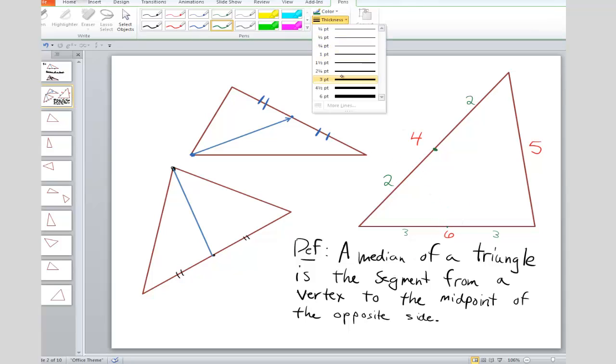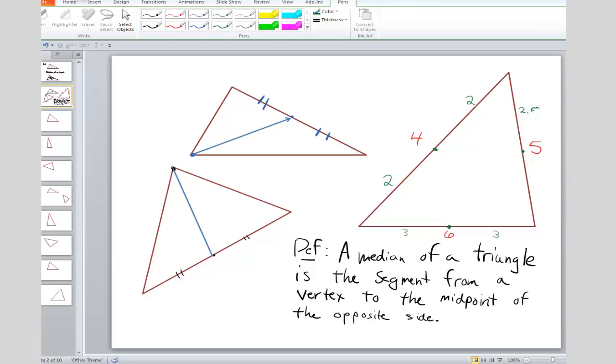Let me change the thickness on this. There we go. Alright, now the last one we have right here, the midpoint. This would be 2.5, and this side would be 2.5. So we go from this vertex here all the way out to here. I'll do this by hand, see how well it can do. Not very good.